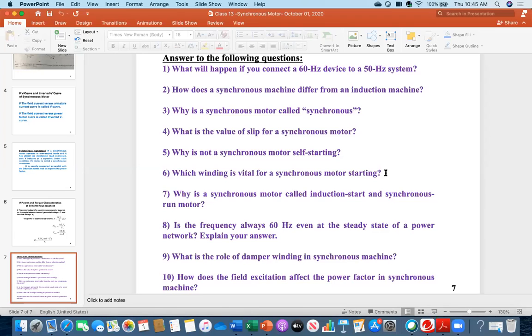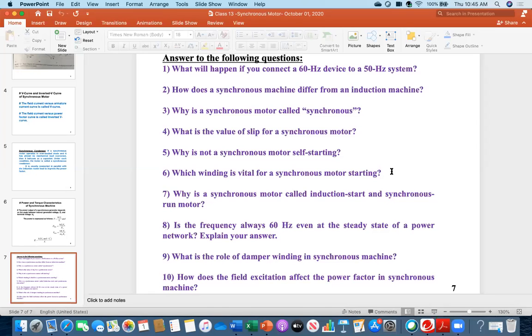So therefore, for the synchronous generator, there is damper winding to remove the hunting effect. And hunting effect, as I was discussing in the previous class, hunting means due to change in load, always there is some sort of vibration or oscillation on the rotor.